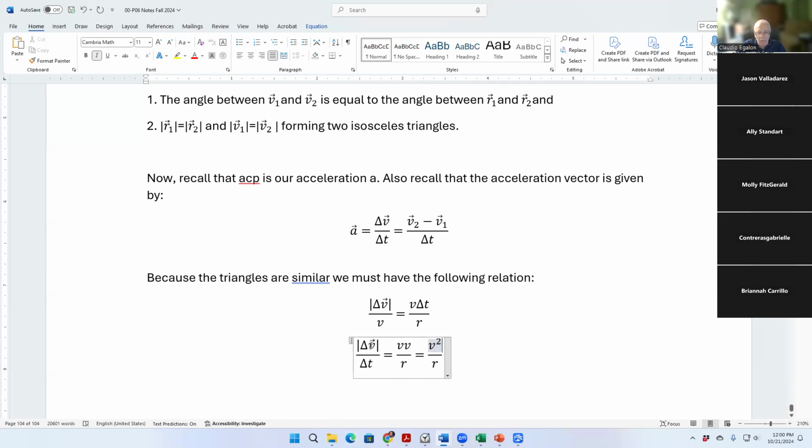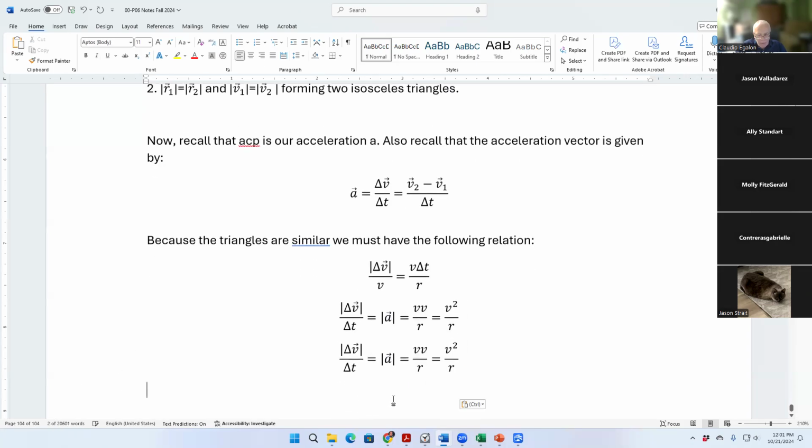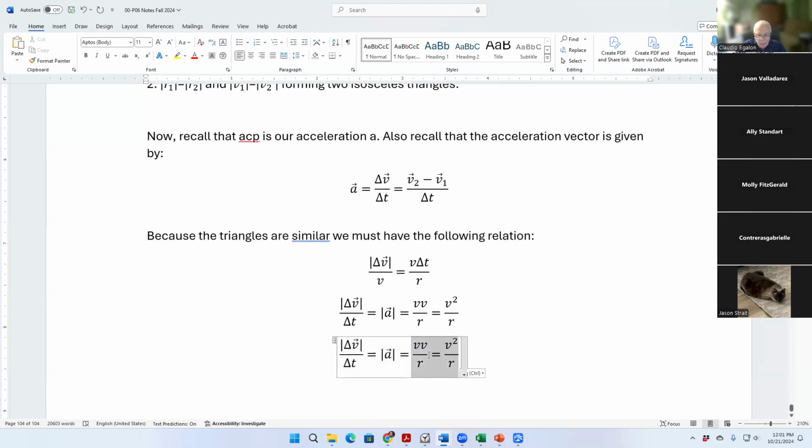And delta V over delta T is in reality the magnitude of your acceleration. In this case, it's going to be my centripetal acceleration. That's how we finally get that the magnitude of this acceleration is V squared over R.